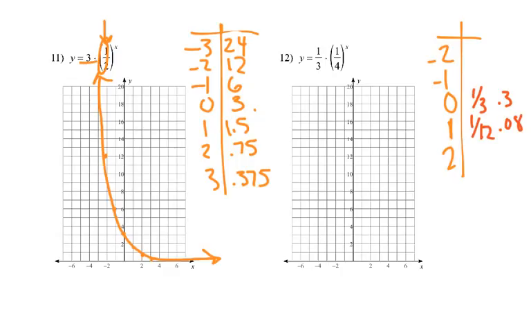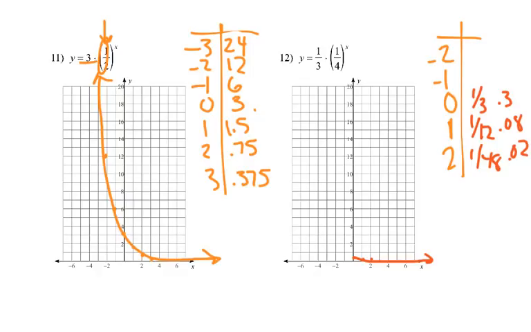If we keep going that direction, we're just going to keep making a smaller and smaller number. That's like 0.02. So we're starting already at 1/3, and we're just getting really, really small. So this side of the graph is basically already at the x-axis.